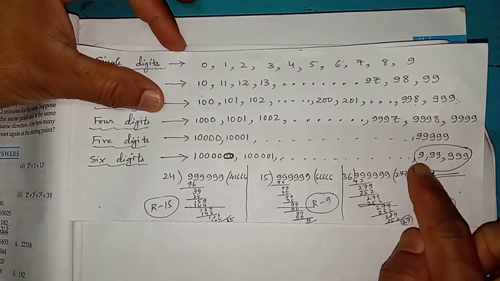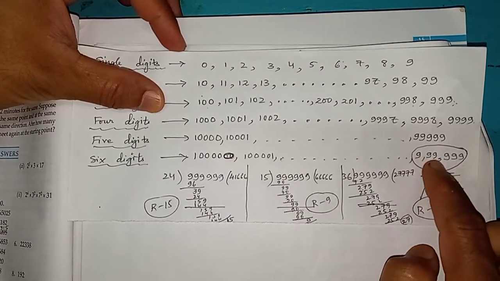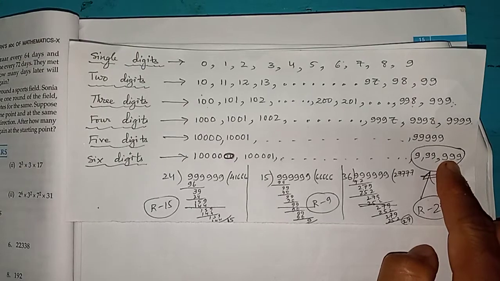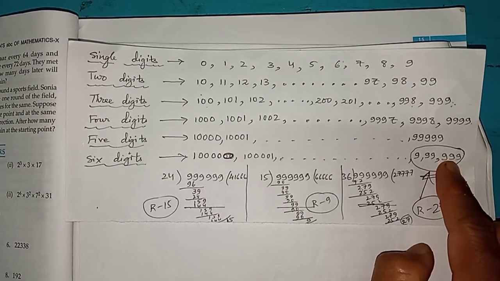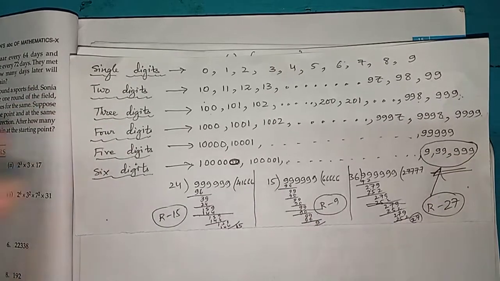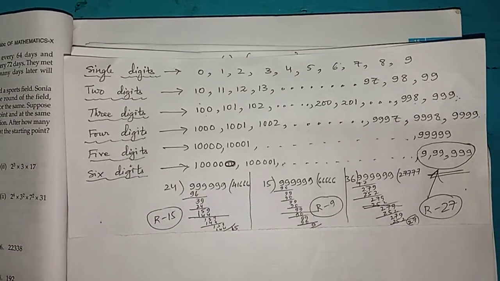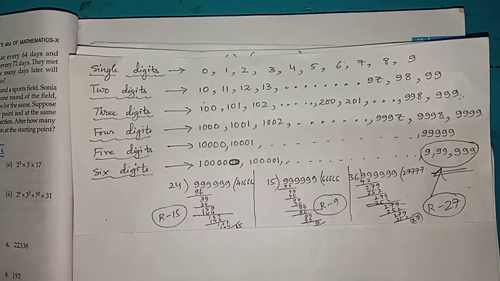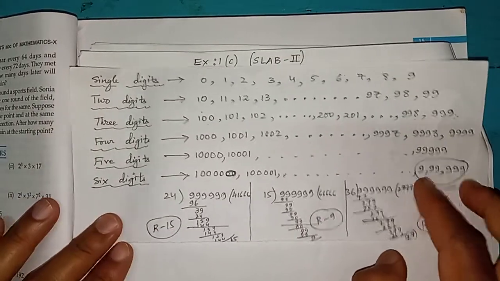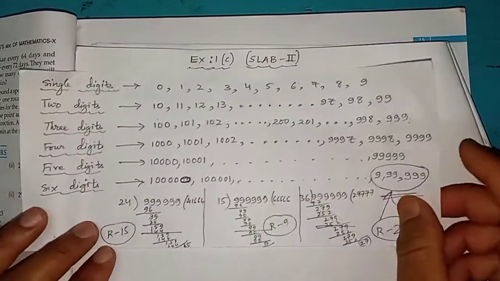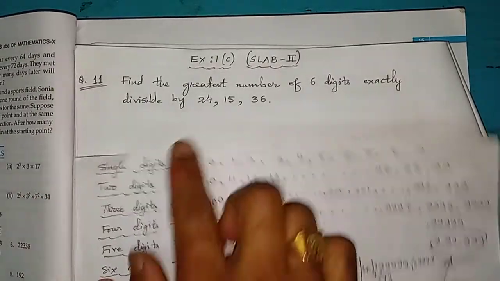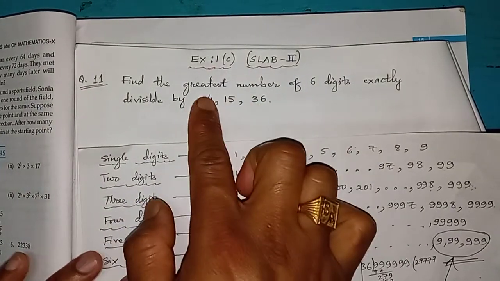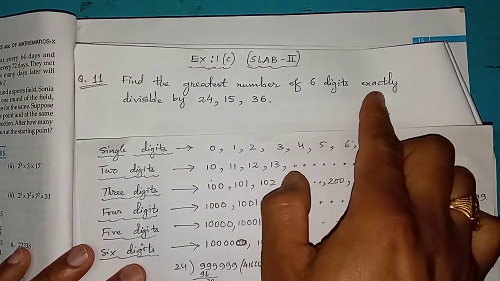When this greatest number of 6 digits, 9,99,999, is divided by these three numbers, 24, 15 and 36, because the question is saying find the greatest number of 6 digits which is exactly divisible.